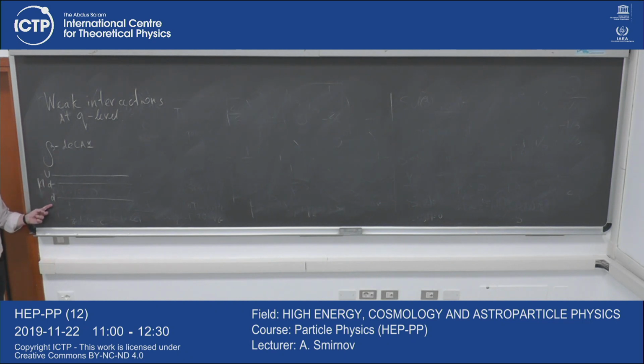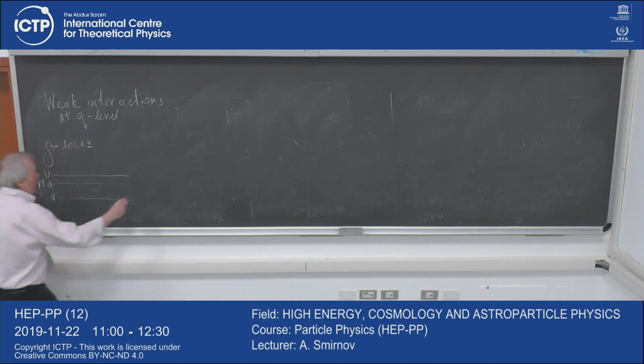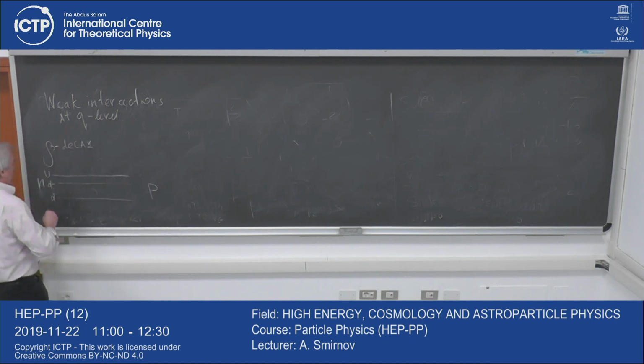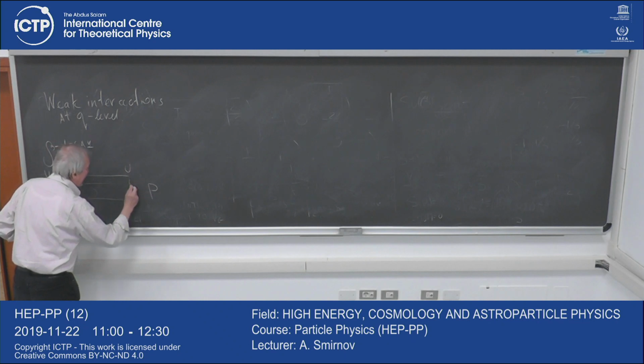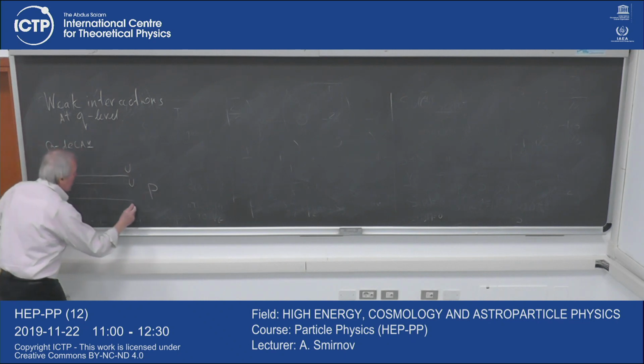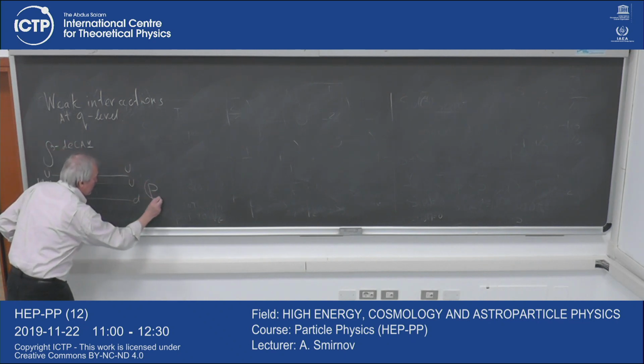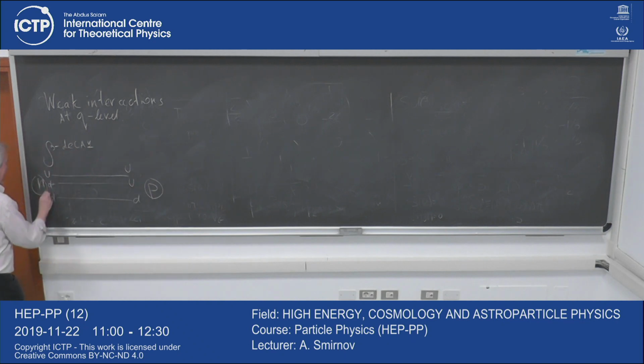So isospin is 1/2, because we have the 3 particles with isospin, and so you can get a combination which corresponds to isospin 1/2, and strangeness is 0. Proton has 2 U quarks and 1 D quark. So this is the composition of proton.